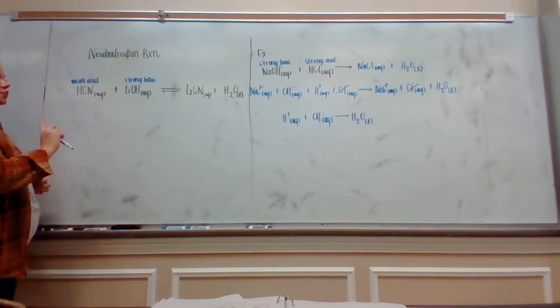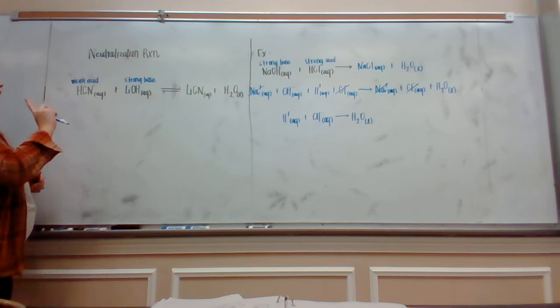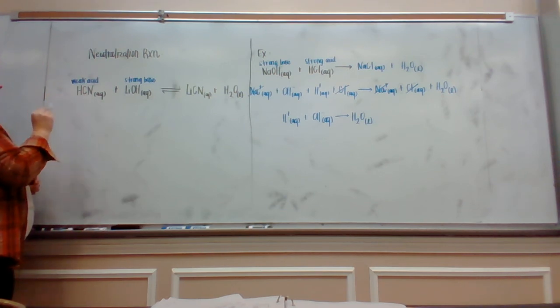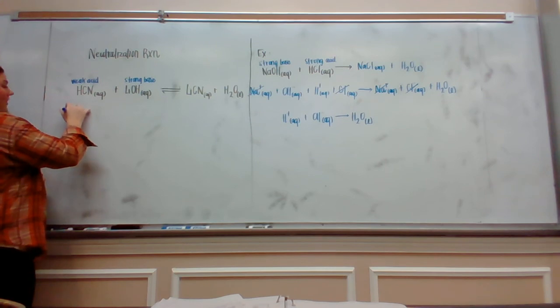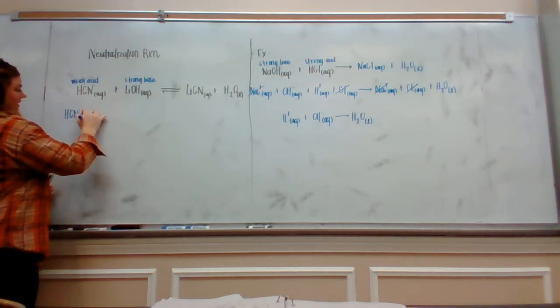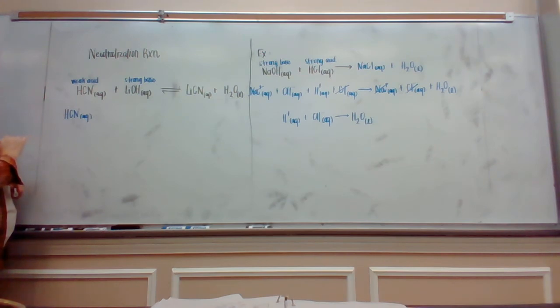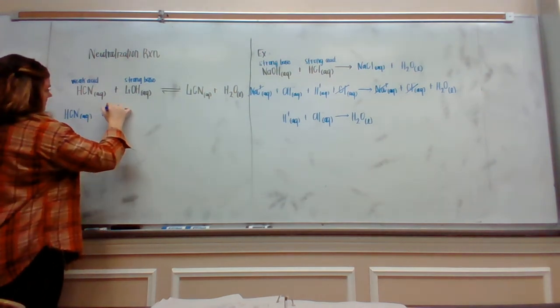Alright, this is where things are different when you go to write your complete ionic and your net ionic. Because HCN is a weak acid, I don't break it up. So I leave it as HCN. I break up my strong base because it's strong.